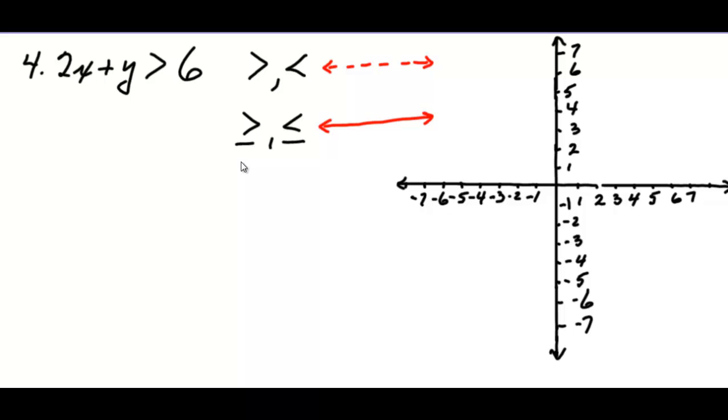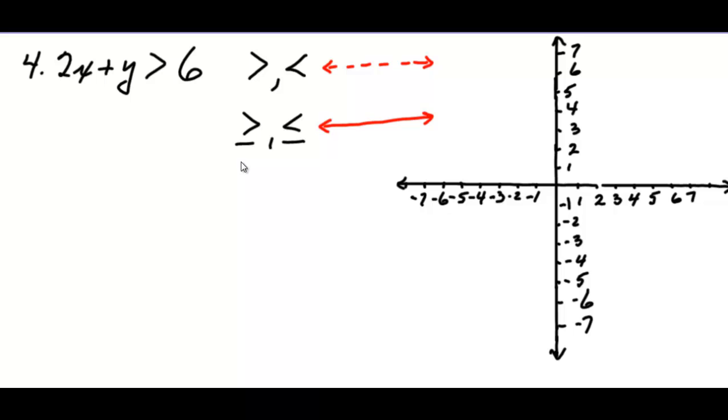So let's go ahead and take a look at problem number 4. We're going to look at just a couple problems here, and then we're going to graph a combination of inequalities. Again, it's not going to be that difficult. When I have 2x plus y is greater than 6, I want to set up points which make it rather easy to graph.